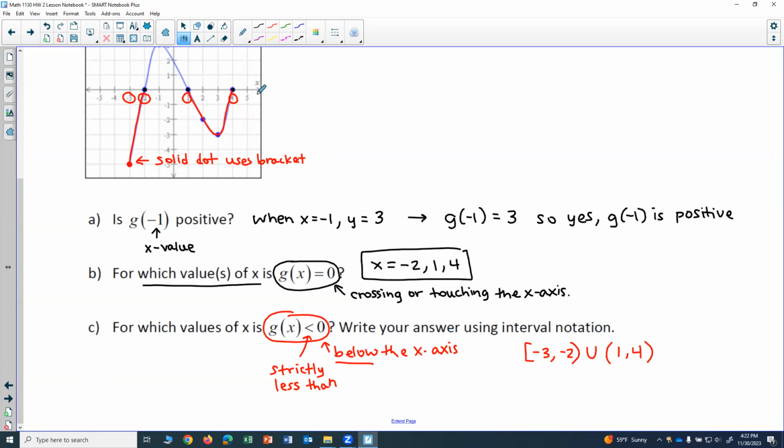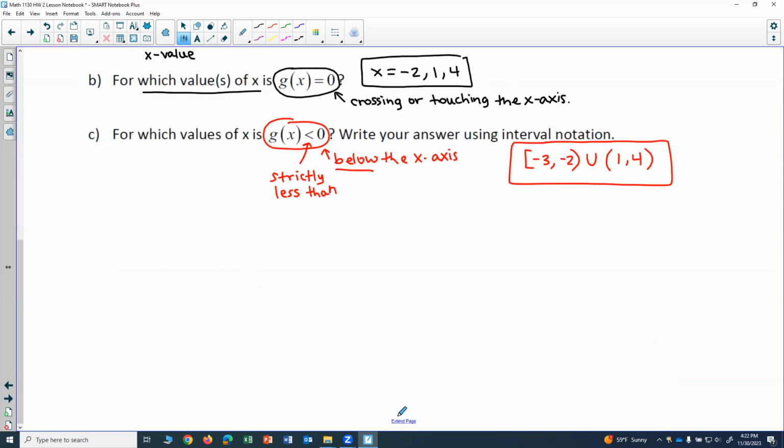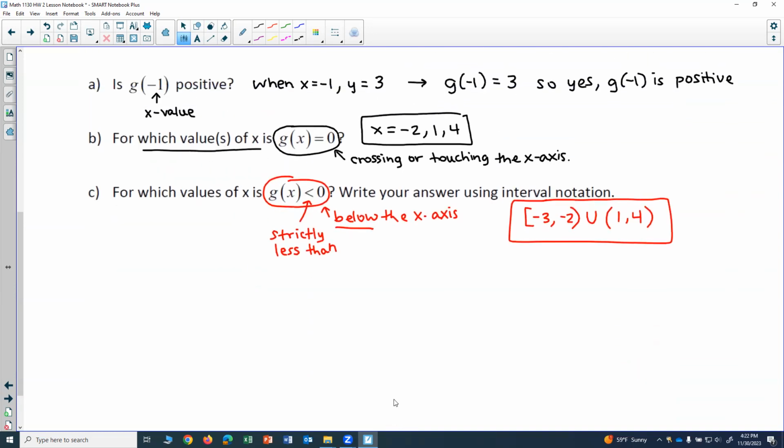Same with at x equals 4, my graph is actually equal to 0, so I won't include the 4 either. So this is the interval notation for when my graph is strictly below the x-axis. Now, we've talked about interval notation a few times now, but with interval notation, these are all x values. So all 4 of these values are x values. So these are x intervals.